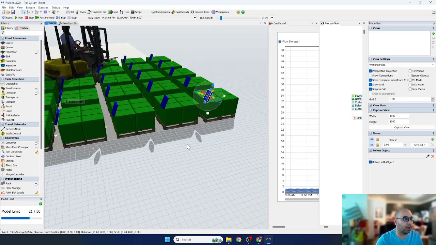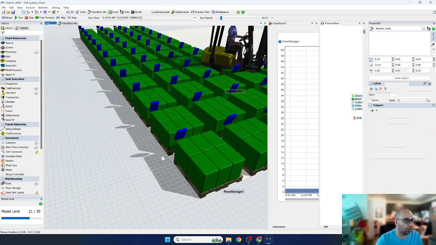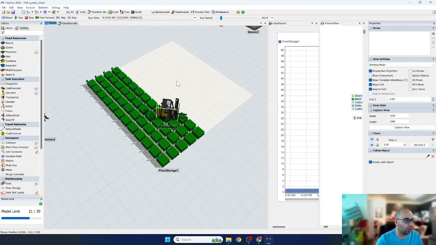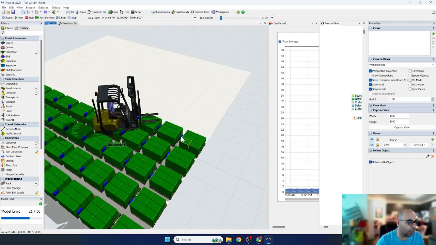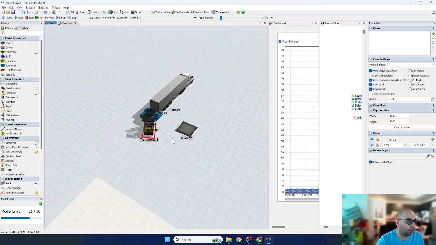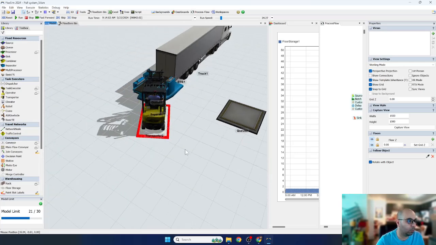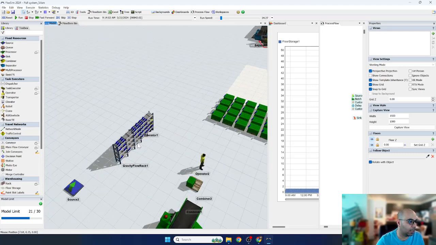So this is the Kanban card. So each skid, before it's shipped to the customer, the operator will pick up this Kanban card and move it back to the Kanban board.